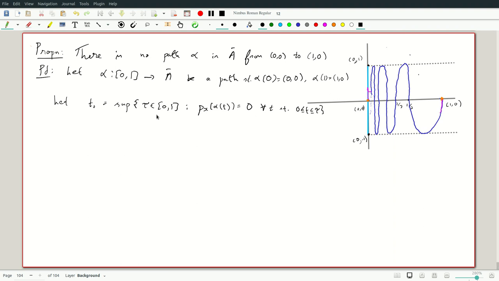So I look at the point tau, the supremal point, so that up to that point Px of alpha of t is 0.